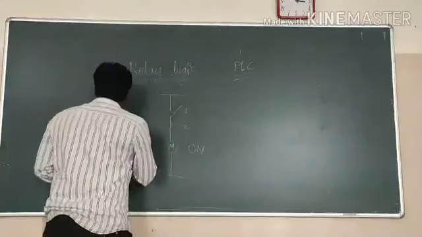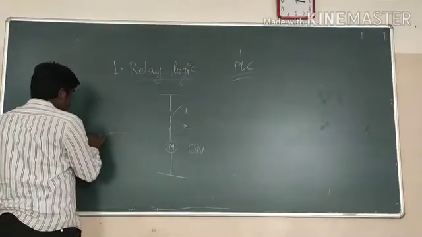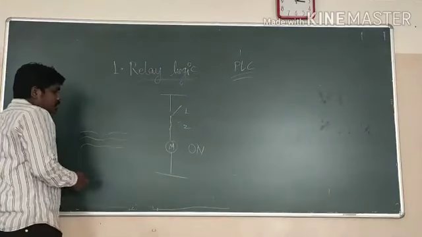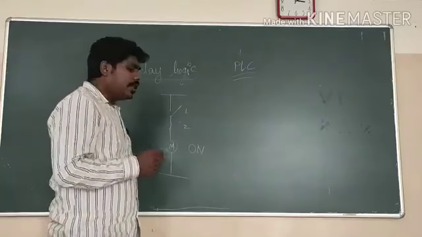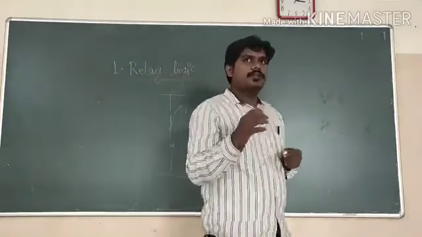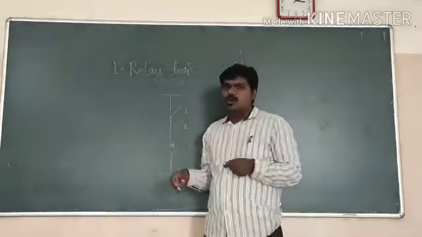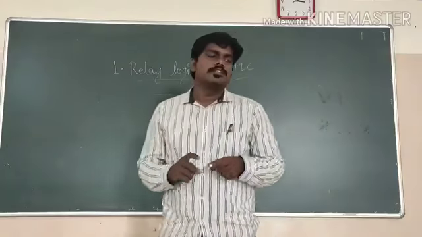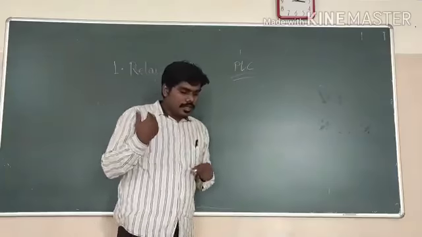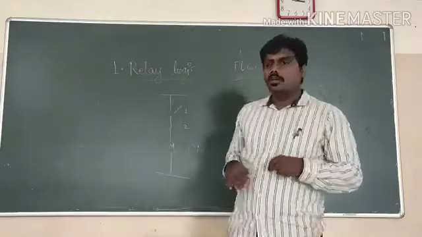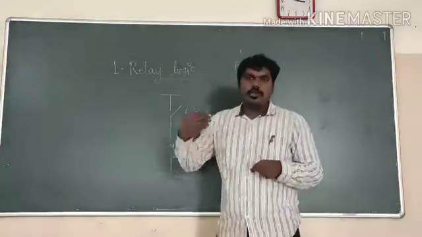Physically, all these wires are connected in the relay logic. If any kind of fault or damage occurs in any of the wires or any of the circuits inside the relay logic, it takes a very large amount of time to replace that system.